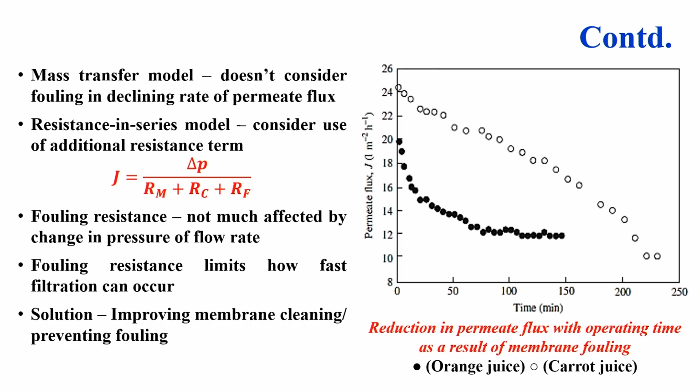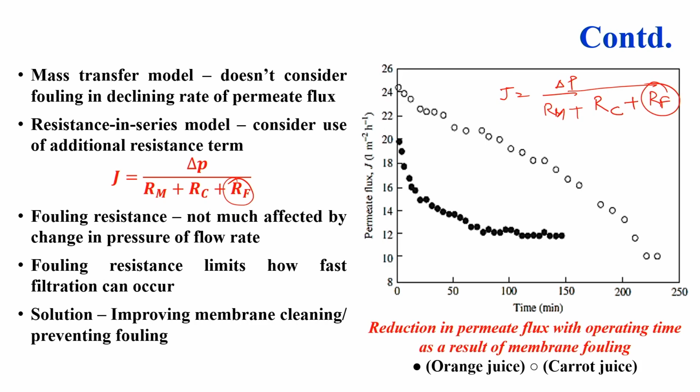So, now we are going to add one more resistance term, that is Rf. Now, J equals delta P over Rm membrane resistance, plus concentration polarization resistance, and then Rf fouling resistance. This is the new term you are adding.